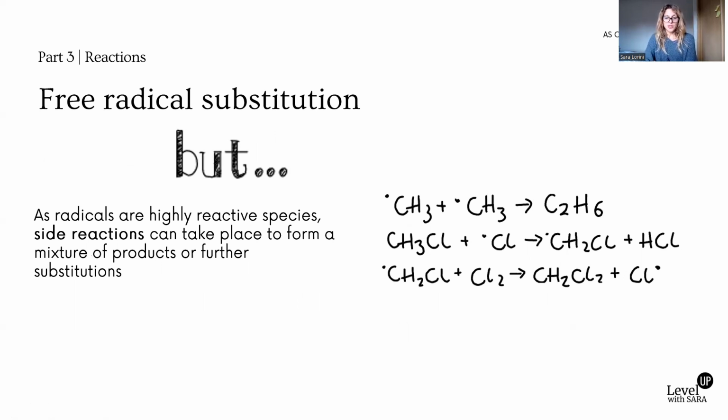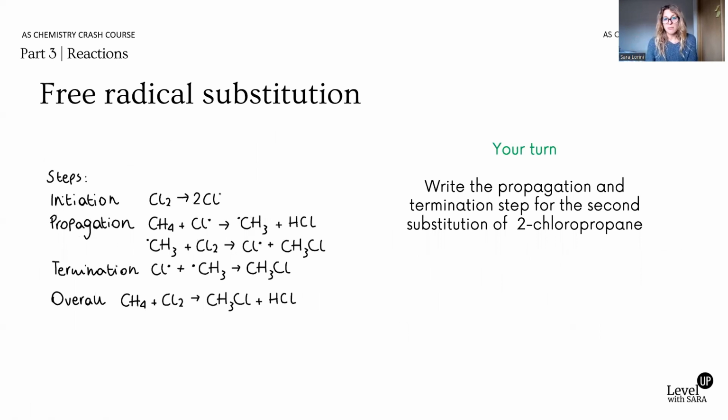What you're required to do here is to write down the propagation steps, or the initiation step, or the overall equation, or discuss how suitable this is. So it's not so much about mechanisms, but more about remembering the steps. For the curly arrows, we will now look at some better examples.